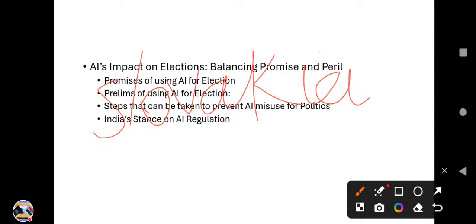Poisoning means the deliberate manipulation of training data to compromise the performance of a machine learning model. You should remember what is poisoning related to artificial intelligence. Backdooring involves the insertion of a hidden vulnerability or malicious code into an artificial intelligence system, allowing unauthorized access or control by attackers.